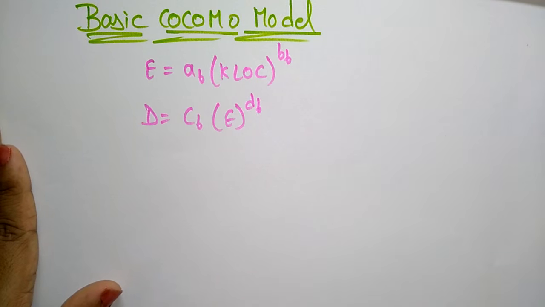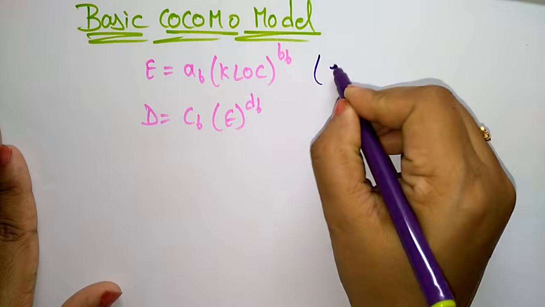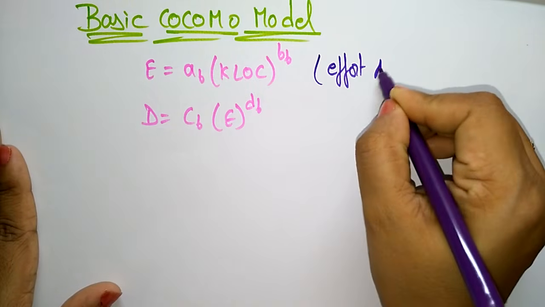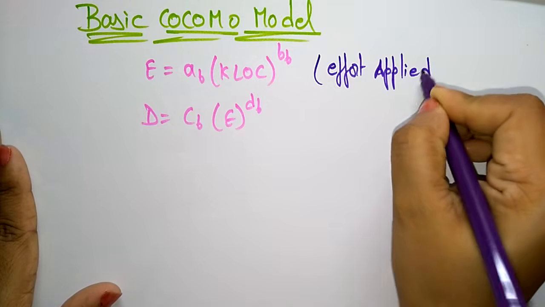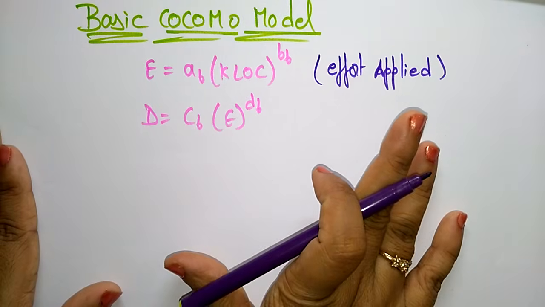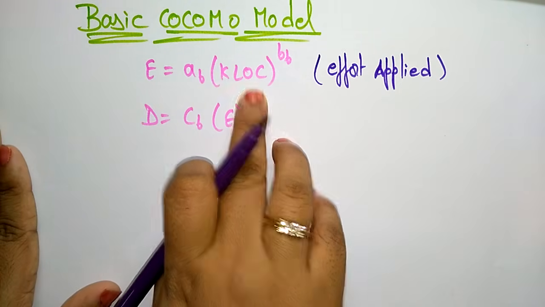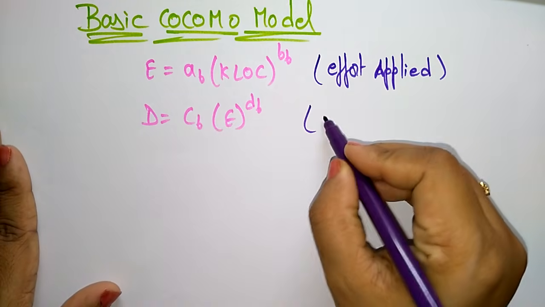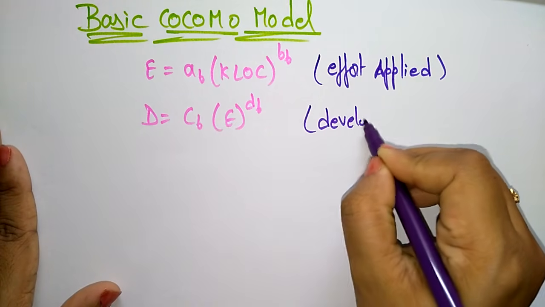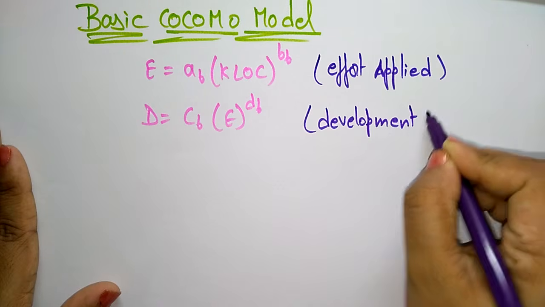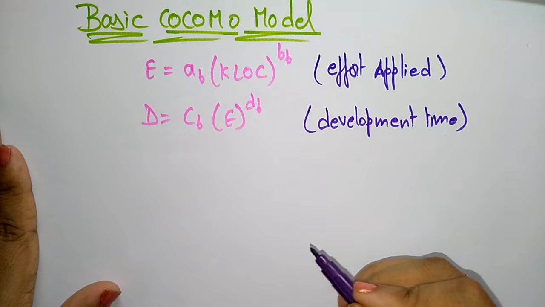Here E is the effort applied to a product or a project. So this is the formula. And D is nothing but the development time. It calculates the development time of a product.